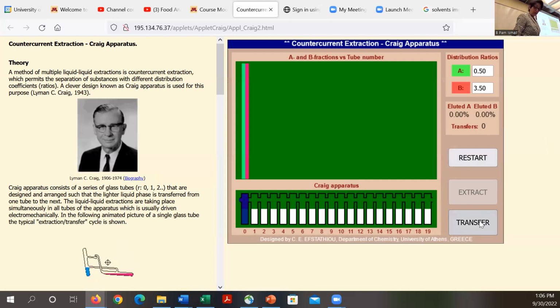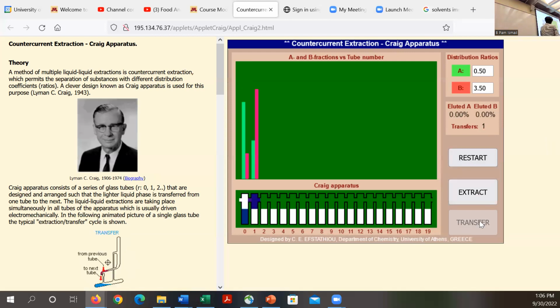So you shake, you transfer. So you see the green likes the stationary phase better, so you see it stayed more behind. And the red or pink like the moving phase, the mobile phase. So you see more of it in the second tube, but they're not yet separated.